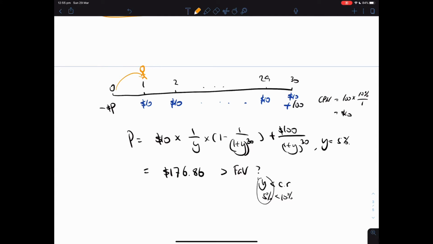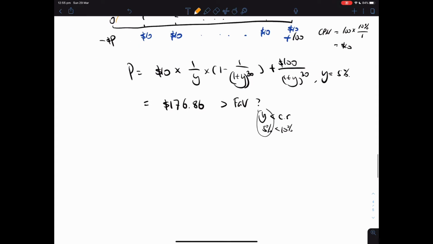Let's give you a scenario: immediately before the first coupon. If it's immediately before the first coupon, then the timeline is this.